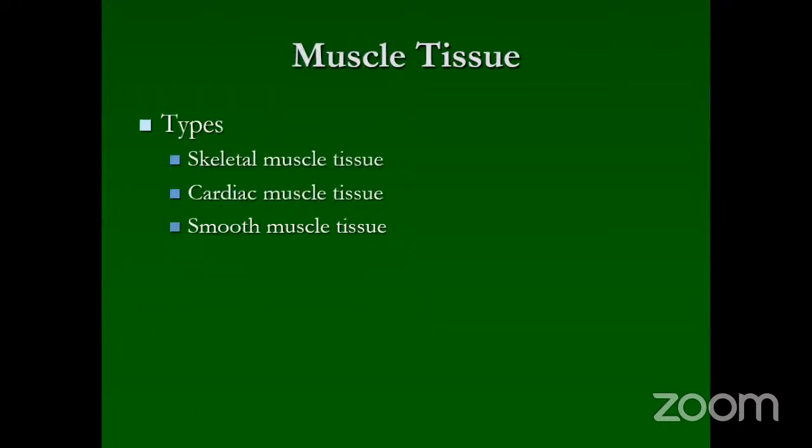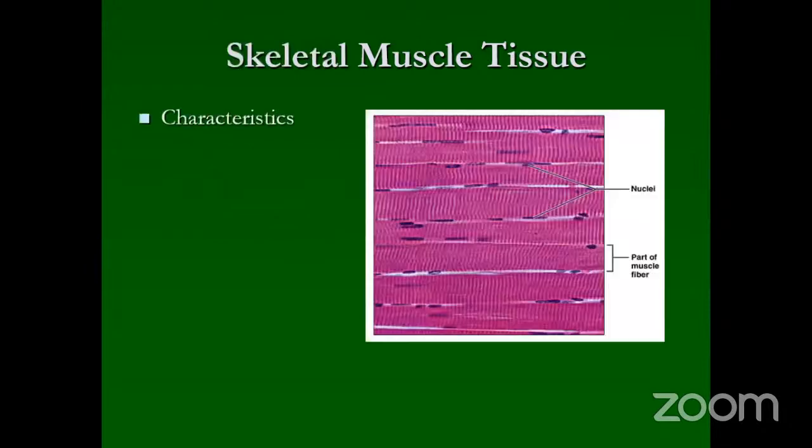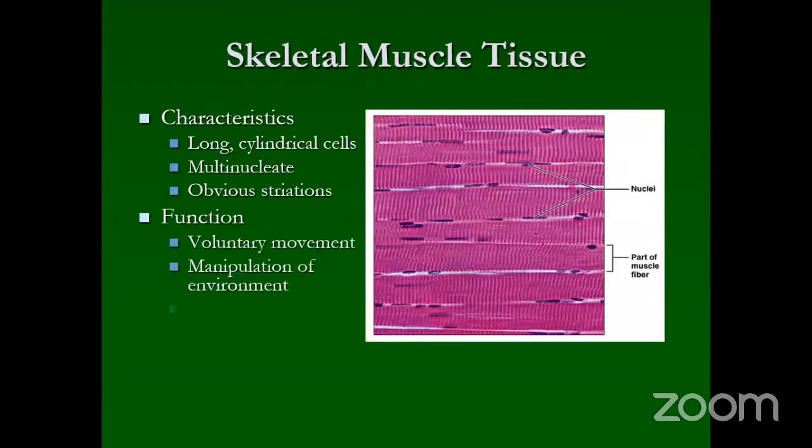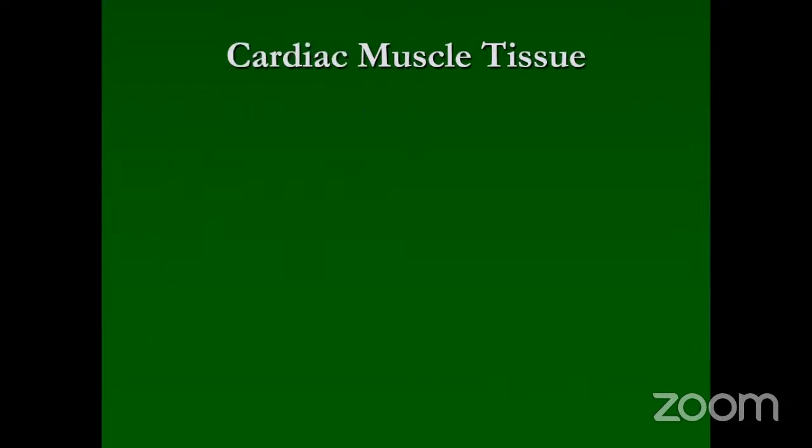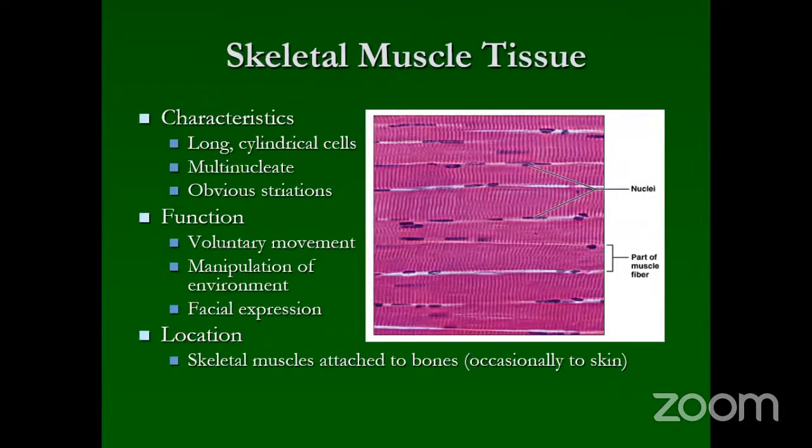Then muscle tissue. We have skeletal muscles, cardiac muscles, and smooth muscles, and their respective tissues are present. So skeletal muscle tissue: they are long cylindrical cells. It has many nuclei, so they are called multinucleate, and it has striations.